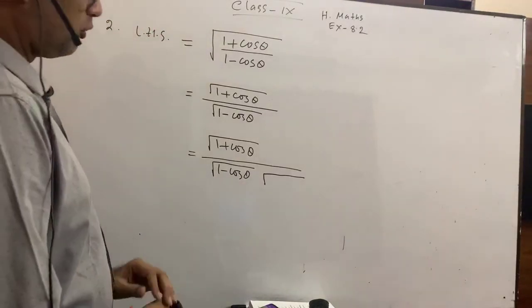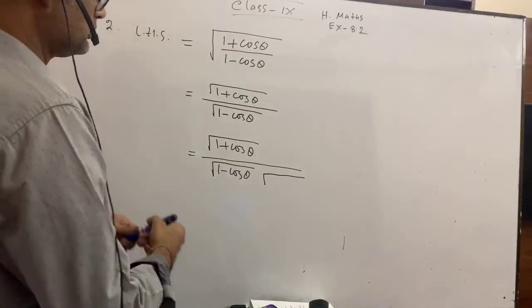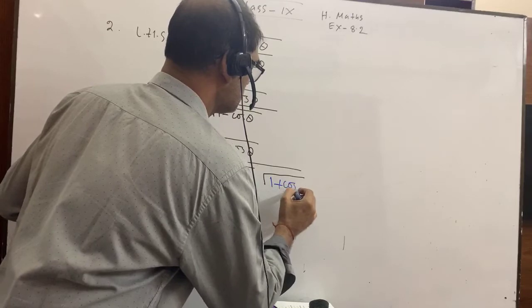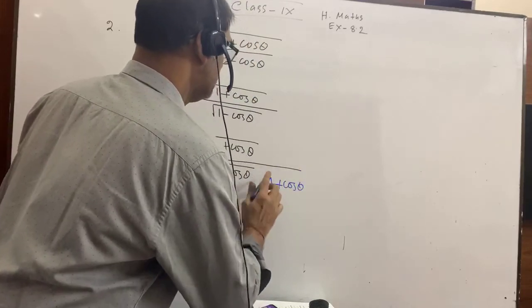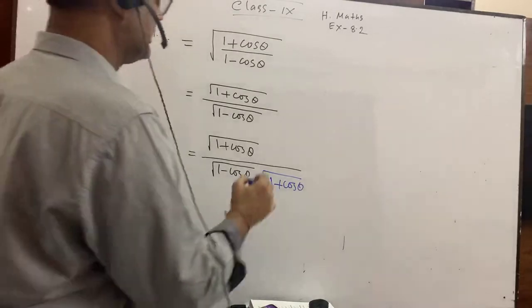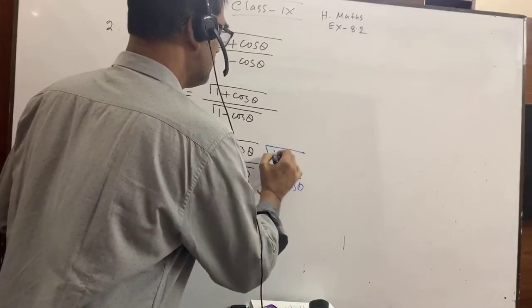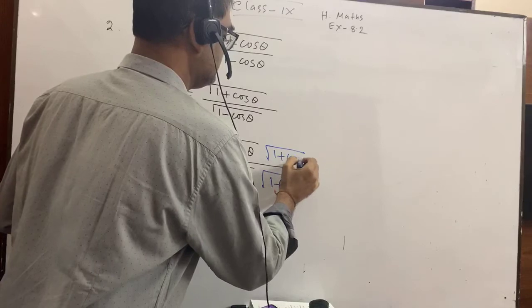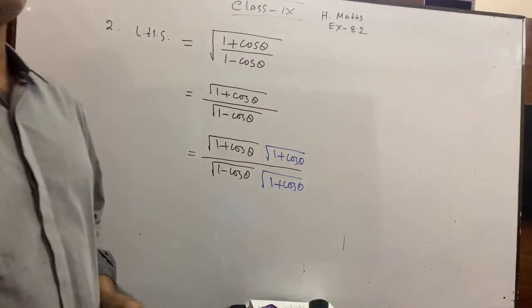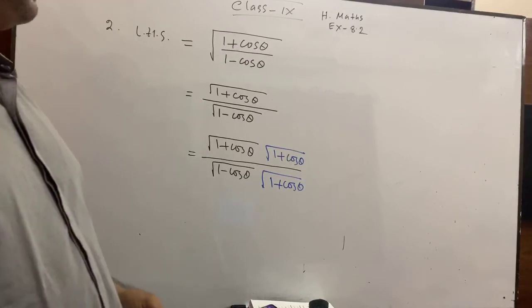Okay, so what should I take? I should take 1 plus cos theta here. Have you got it? I am taking here 1 plus cos theta. Okay, same way I have to take here 1 plus cos theta. That means I have multiplied both the numerator and denominator by root over 1 plus cos theta.